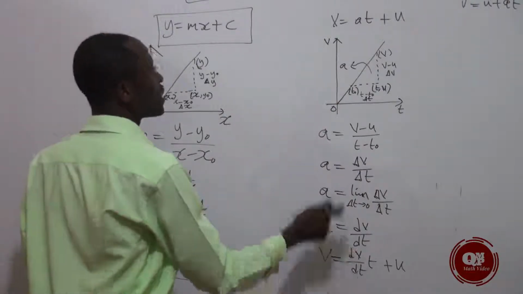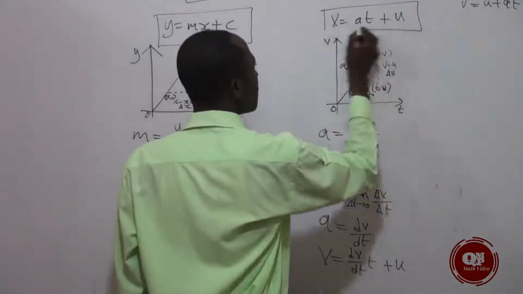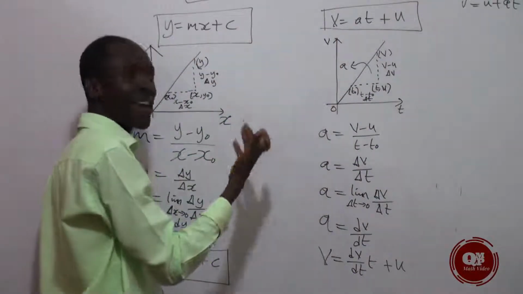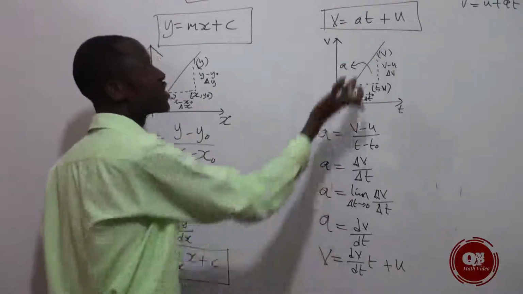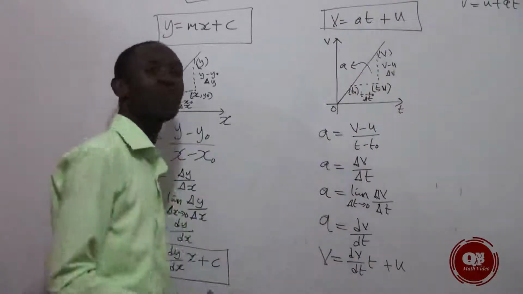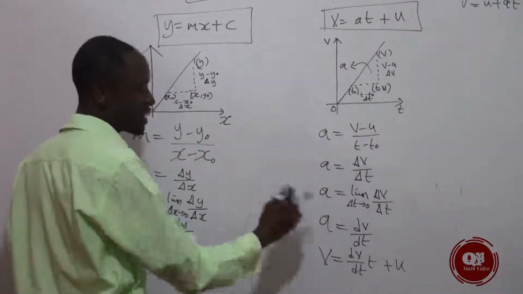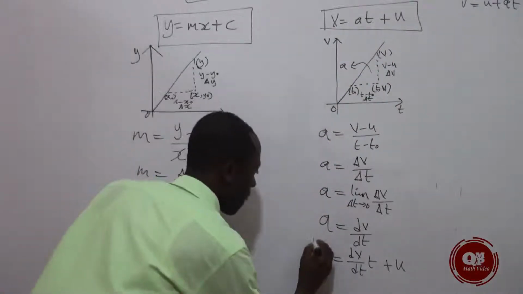Now when you come to this equation also, we have V is equal to U plus AT, where V happens to be the final velocity, A happens to be the acceleration, T happens to be the time, and then U happens to be the initial velocity, and we have transformed it, that is, we have written it in a different form.